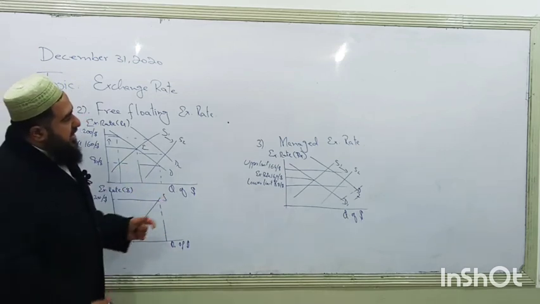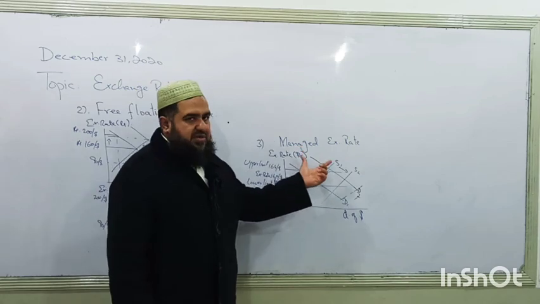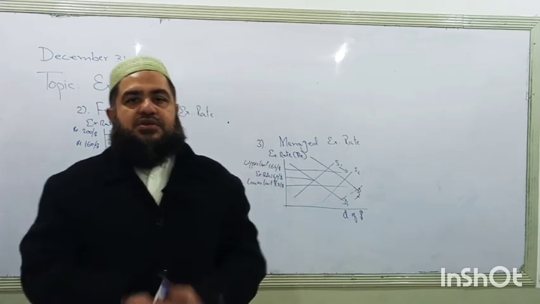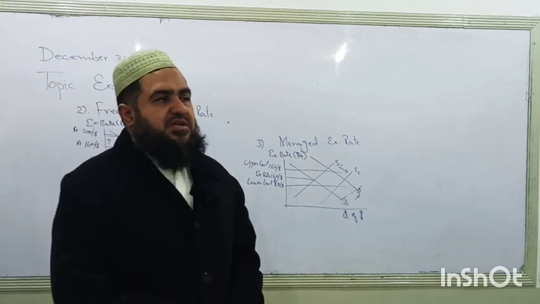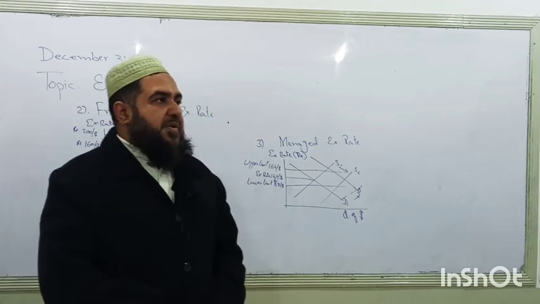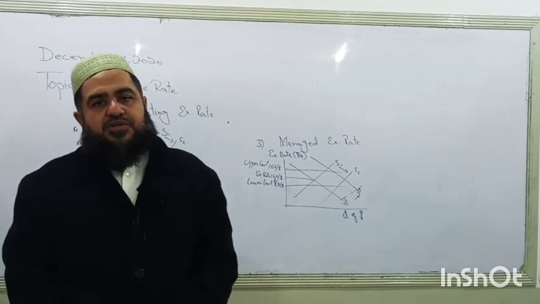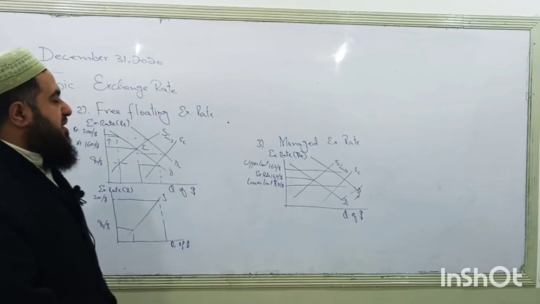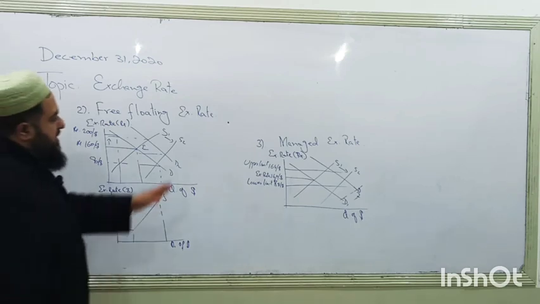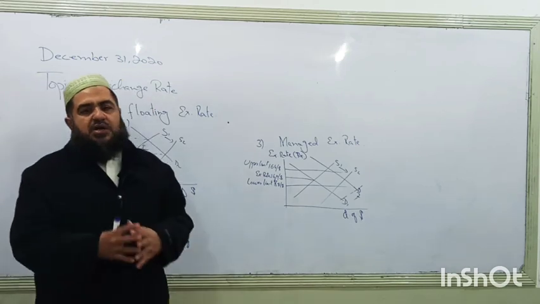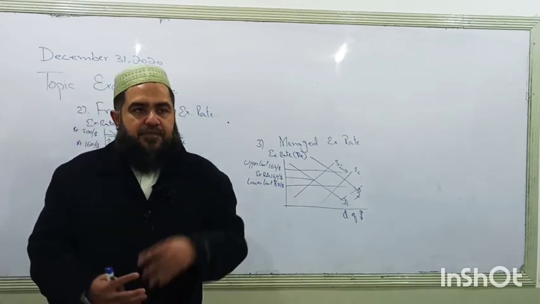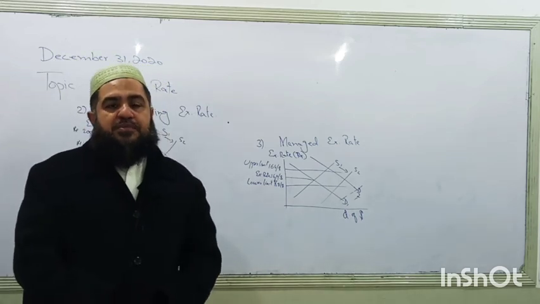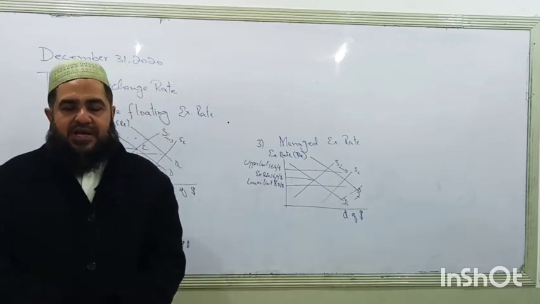So what happens, although the central bank is managing the exchange rate value, it is totally by using the market forces of demand and supply. It is intervening, no doubt, but through the market forces of demand and supply they want to keep the exchange rate free floating within these two limits, not going beyond that, because if the exchange rate is appreciating too much, then imports will be increasing and exports will be declining.